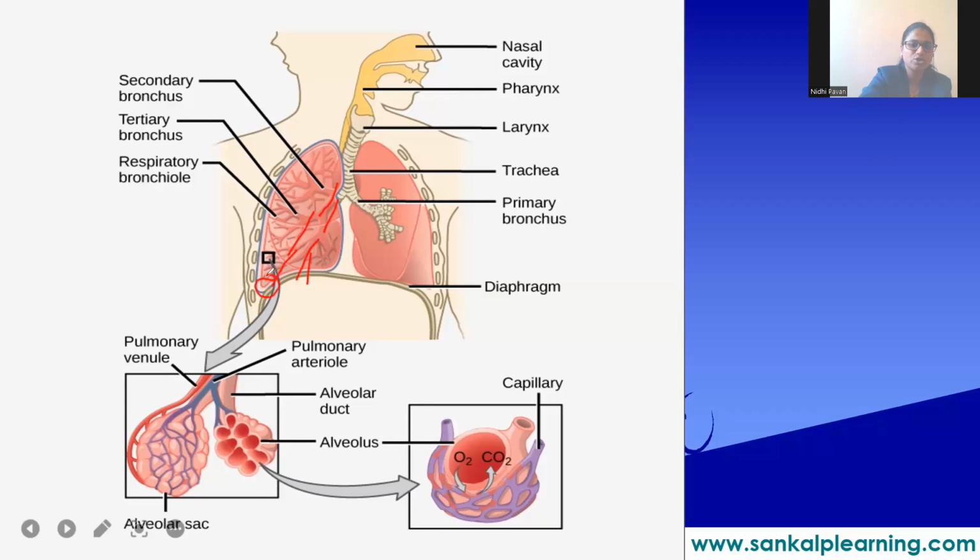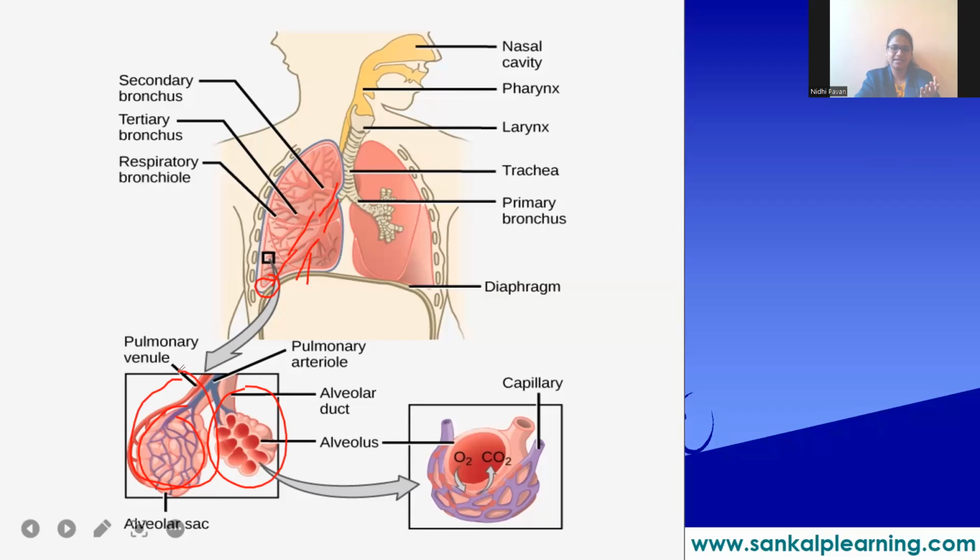At the end of the bronchioles we have balloon-like structures called alveoli or airbags. These alveoli, as you can see in the image, are surrounded by blood vessels. So this indicates that exchange of gases takes place in the airbags, that is the alveolar region.